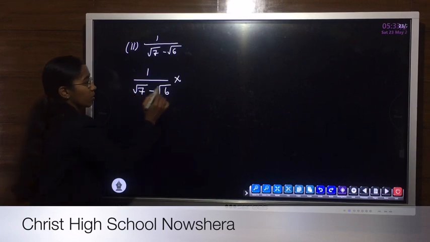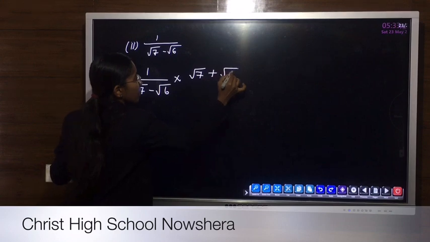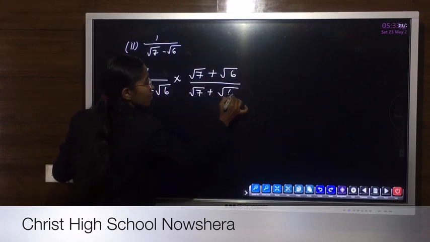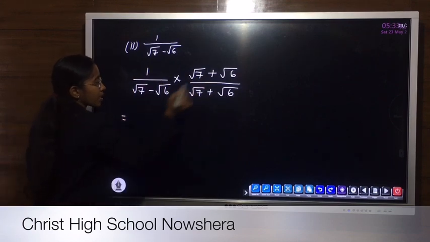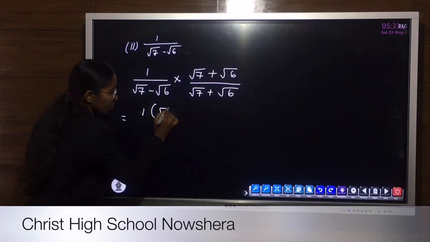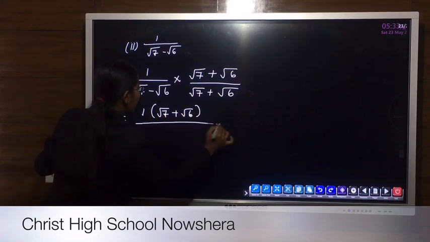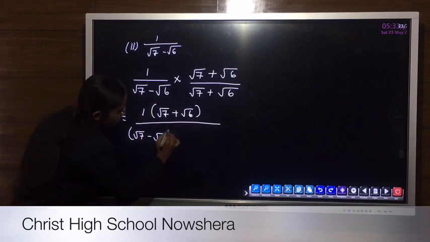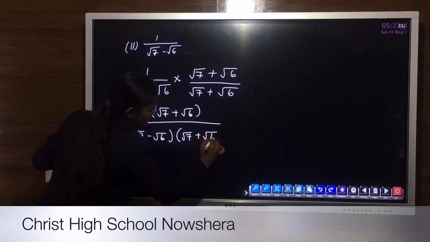Here is subtraction, so we are taking root 7 plus root 6 divided by root 7 plus root 6 and multiply it. 1 into root 7 plus root 6 divided by root 7 minus root 6 into root 7 plus root 6.